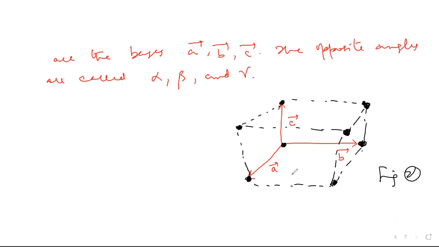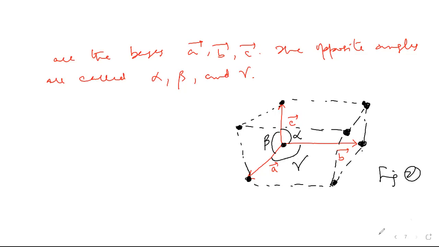Now, opposite angles: alpha is the angle opposite to A, that is this angle is alpha. Beta is the angle opposite to B, so this is beta. And gamma is the angle opposite to C. This is gamma. So alpha opposite to A, beta opposite to B, and gamma opposite to C, right?